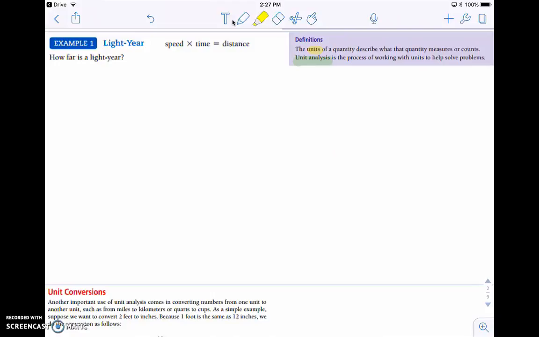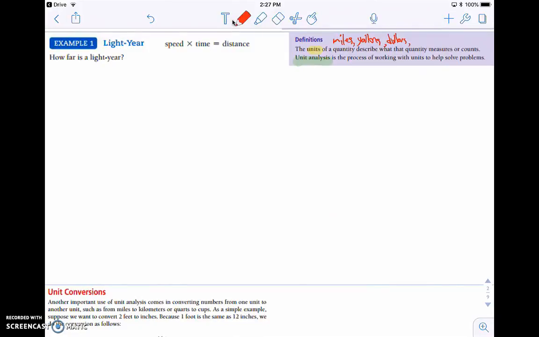So some units might be miles, gallons, dollars, or time, so it could be seconds or minutes. So that's what we mean by units.